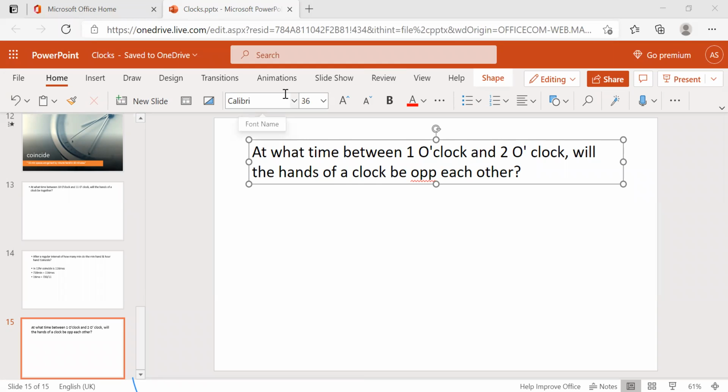For solving this, we have a formula. What is that formula? 30h minus 11 by 2 minutes equals theta. What's the theta? When they are opposite, what's the theta? It is nothing but 180 degrees, right?